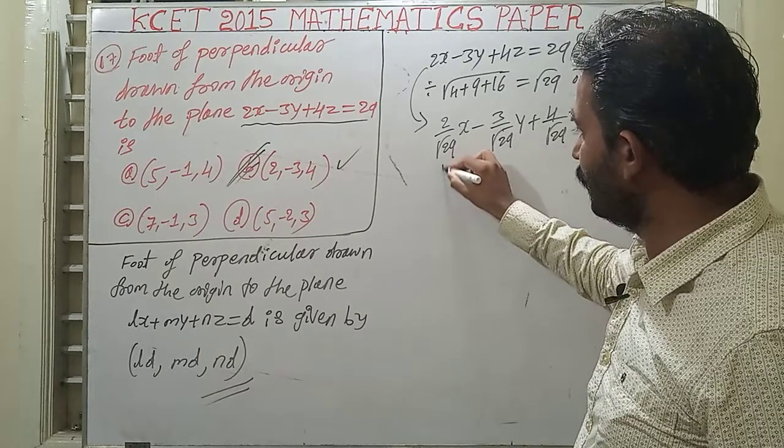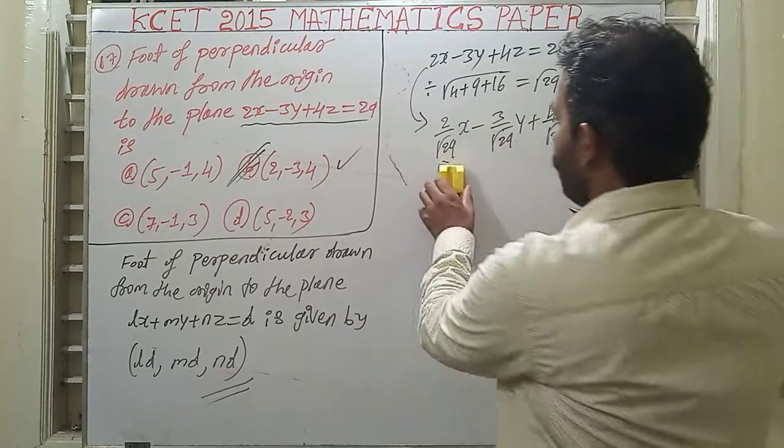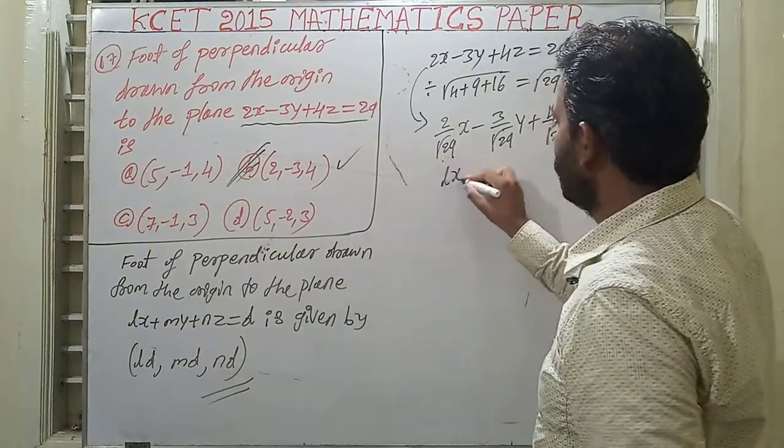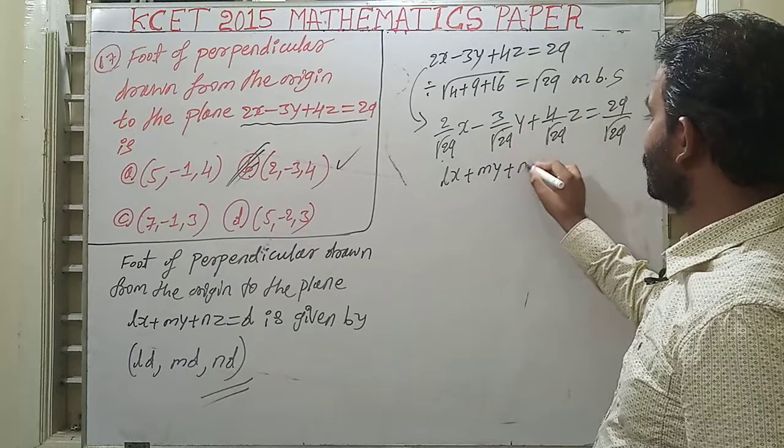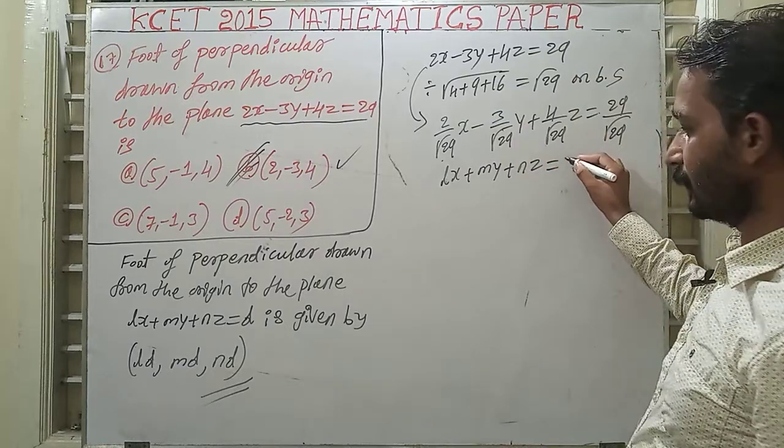This is L. Now it is in the form Lx plus my plus nz is equal to d.